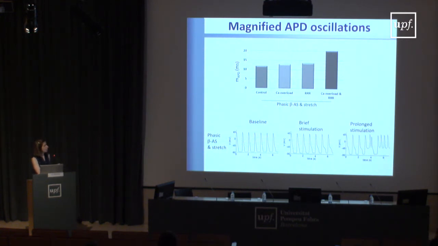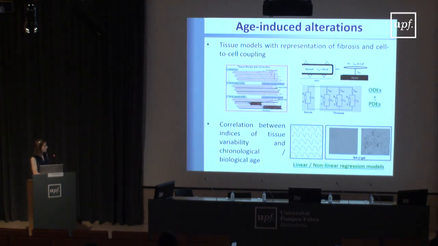When we combine the two conditions, we observed that the oscillations were amplified, and in some cases, they led to proarrhythmic events in the form of early afterdepolarizations or spontaneous action potentials.